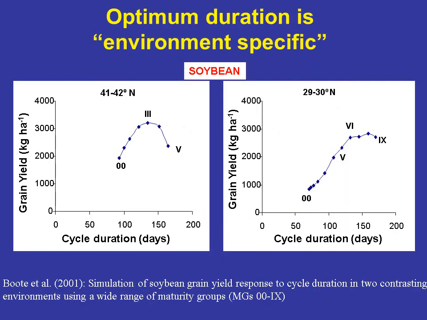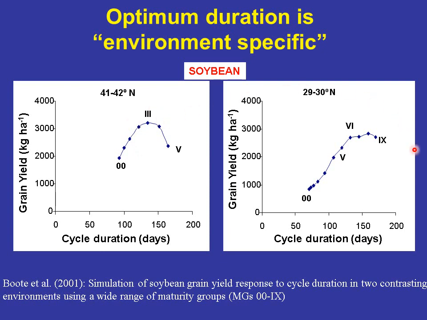The described trend is verified in all annual species we will address in the course. In this example for soybean, we can observe that there are differences in documented response depending upon the environment. The graph on the left corresponds to a high-latitude environment, representative, for example, of Iowa in the United States. In this environment, grain yield is maximized with cycle durations shorter than 150 days, which are obtained with soybean maturity groups between 2 and 4.